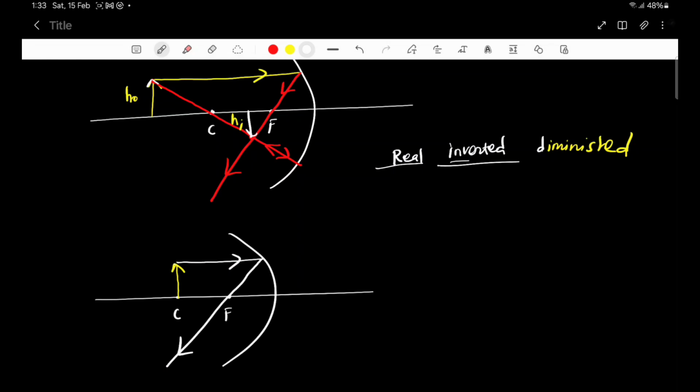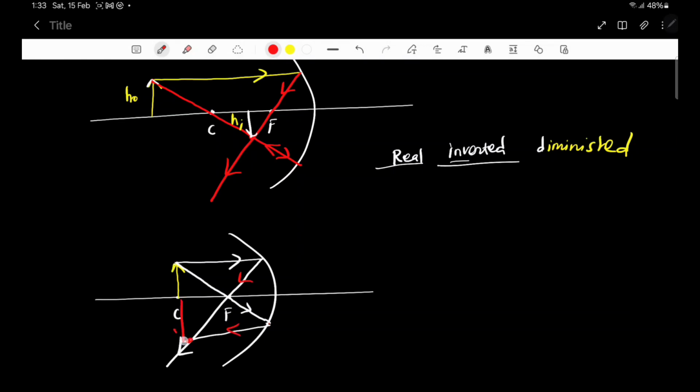Now I can apply rule 3 or rule 4. I can apply any two rules, right? So I can apply rule 2 now. If I consider another light ray and if it is directed towards the focal point, after getting reflected, this light ray will become parallel to the principal axis, correct? So for the final image, see these 2 reflected light rays are meeting at this location only.